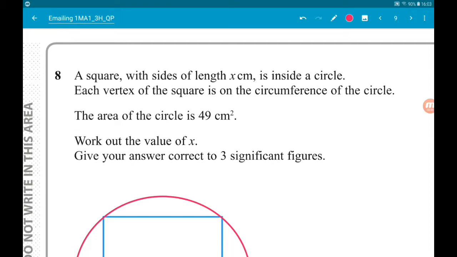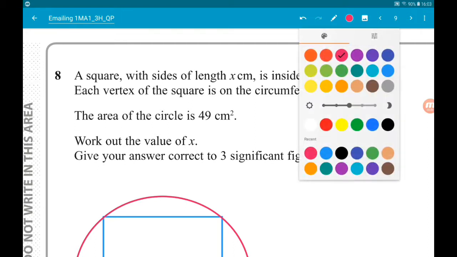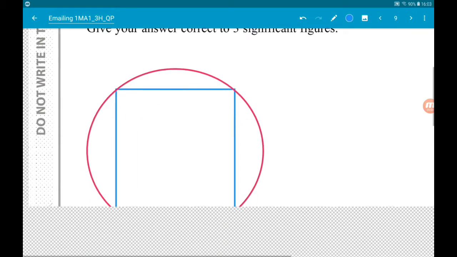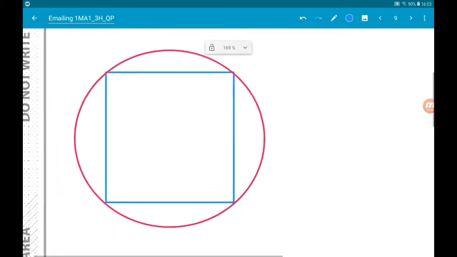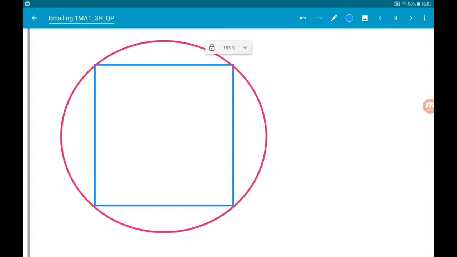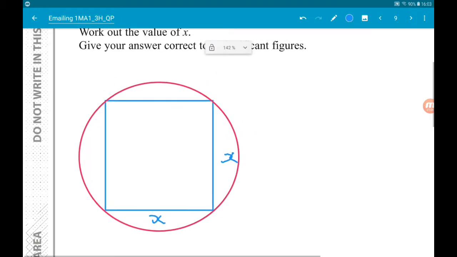Okay, so x then is the side length of Mr. Square. Now then, the only thing really that we know is the area of the circle is 49.